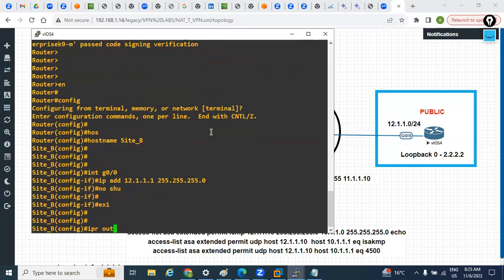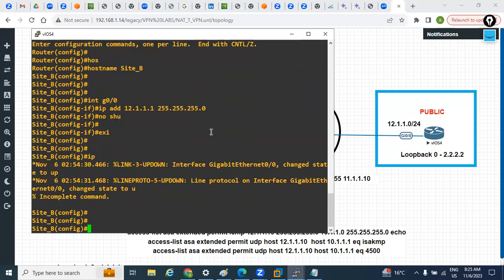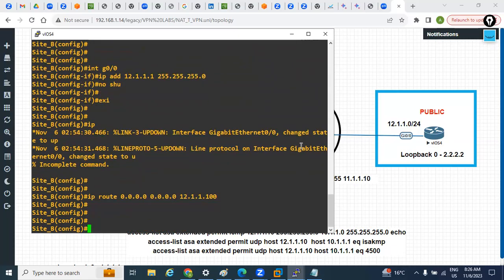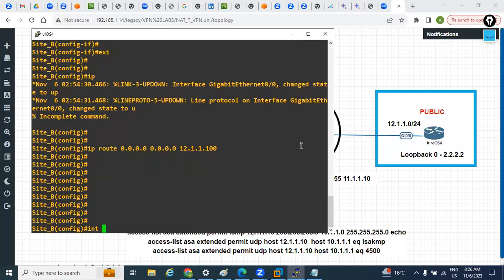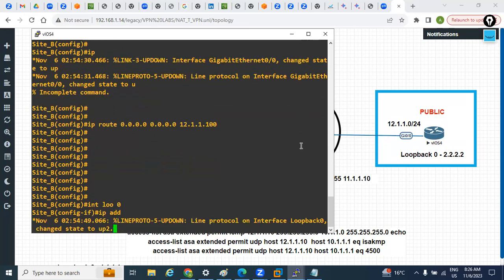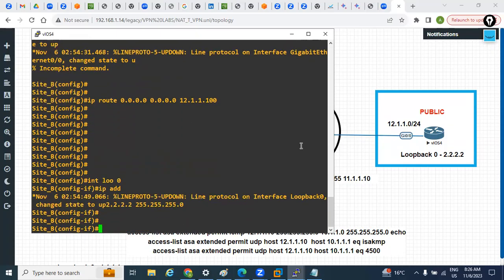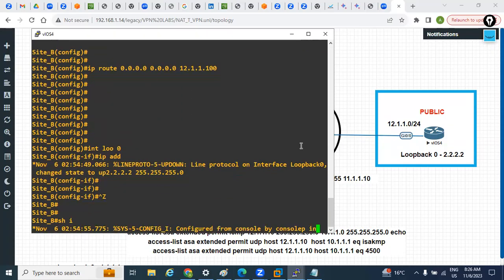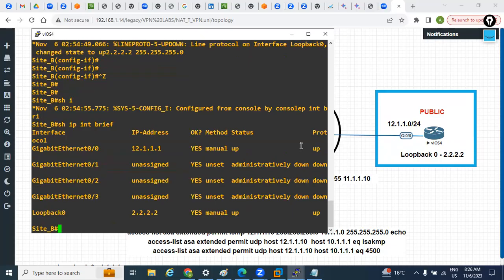IP route towards ISP, and for the 12 network I'm using 12.1.1.100 because we have decided the ISP IP would be .100. Along with that, interface loopback 0, IP address 2.2.2.2/32. So show ip interface. This is the configuration we have configured.